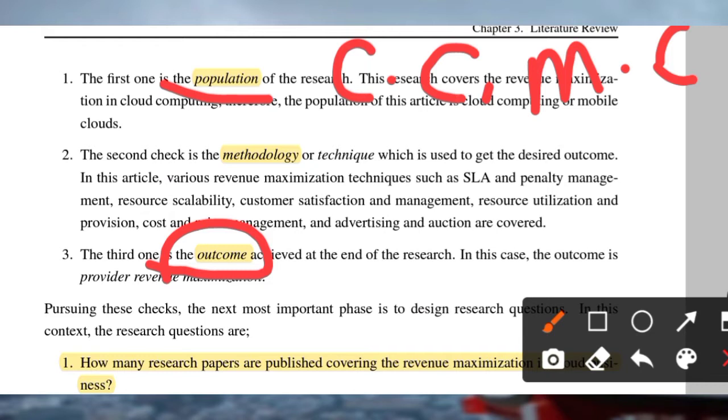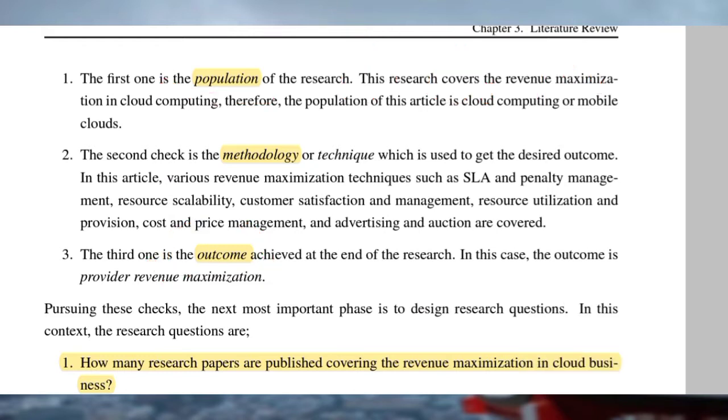Then in the synonyms, there are other words used for revenue maximization, for example, revenue optimization, etc. In short, you have to find your keywords, and all these keywords will come from the population, the methodology, and the outcomes.